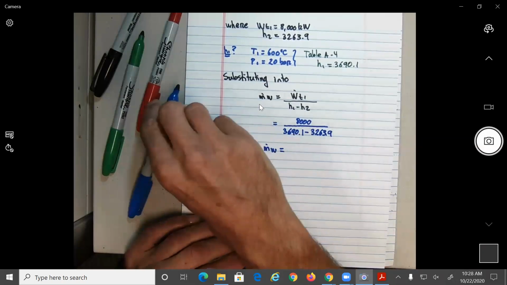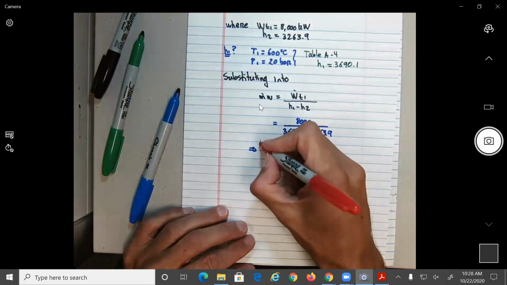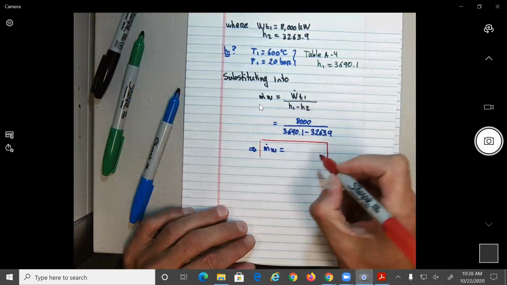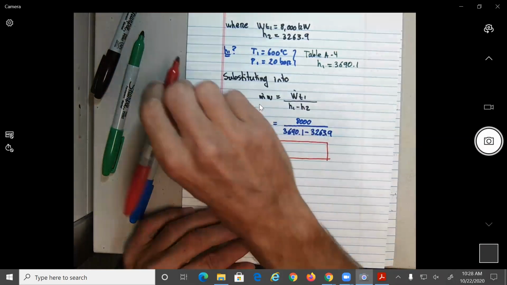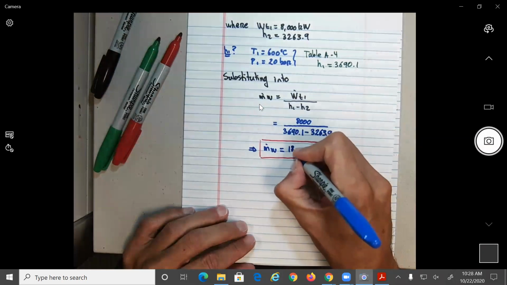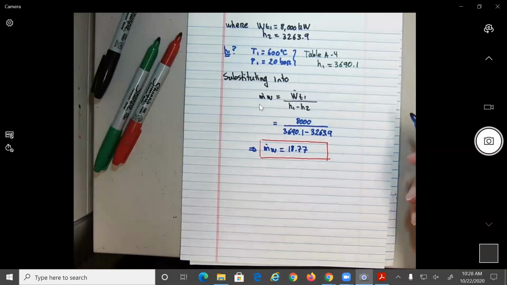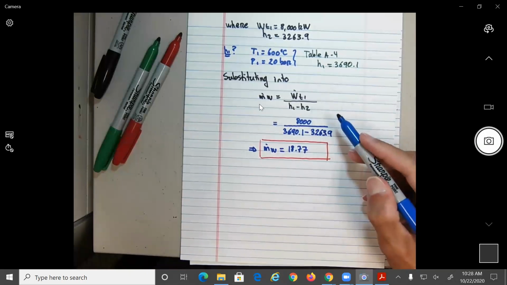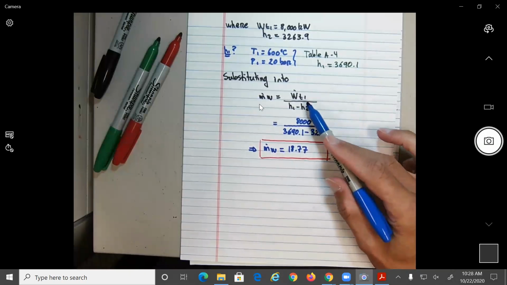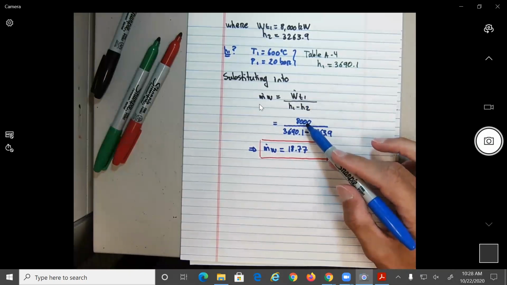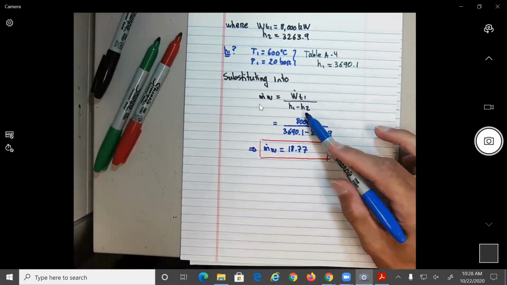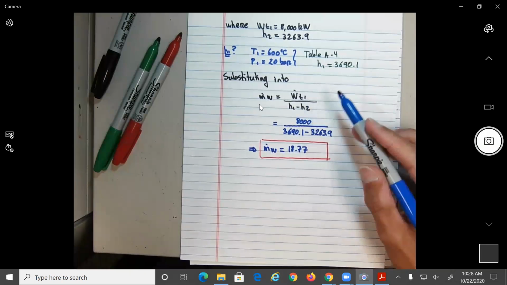So what do you find for this? 18.77. And what should be the units? This is kilojoules per second divided by kilojoules per kilogram. So it becomes kilograms per second.